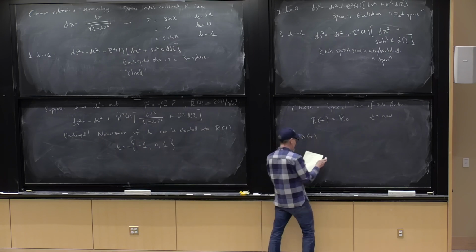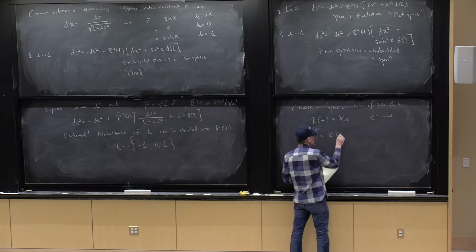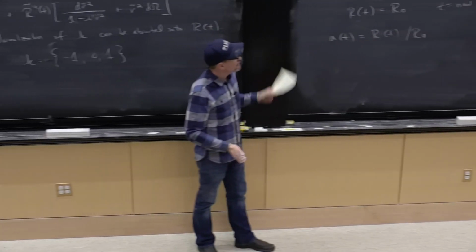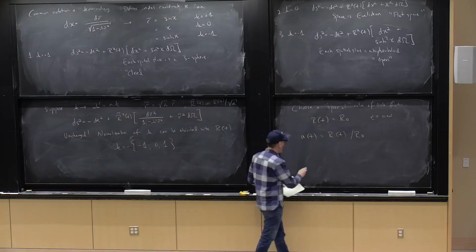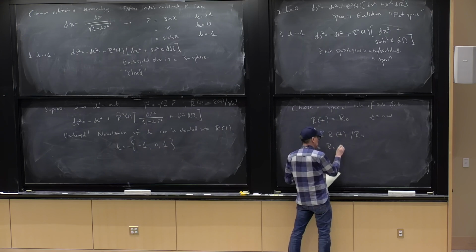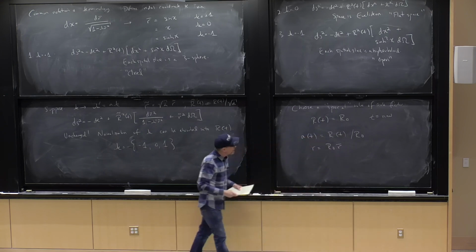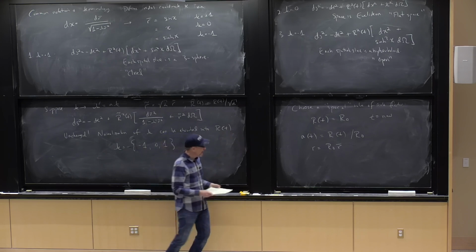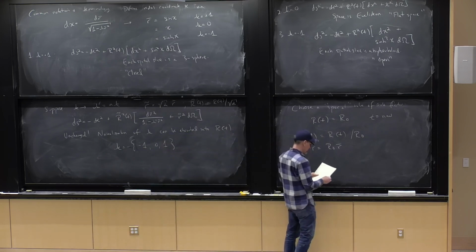Having done this, I'm going to define a of t to be r of t divided by this special value. For dimensional reasons, I'm going to need to put this into my radial coordinate. So notice what's going on here is that my r will now have dimensions associated with it, and essentially everything's just being scaled by that r0.